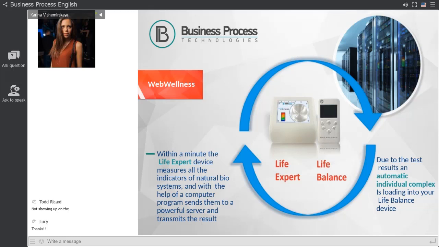The results are sent to the server of the company, and very fast, in just a few seconds, you can read your report. And in less than 1 minute, an automatic individual complex based on the test results downloads to your Life Balance device to maintain yourself well and healthy.